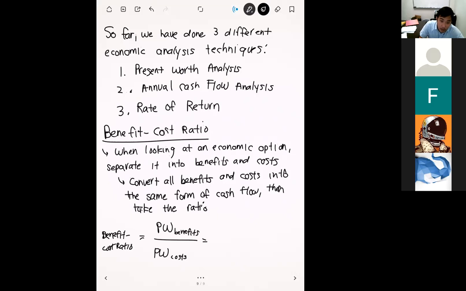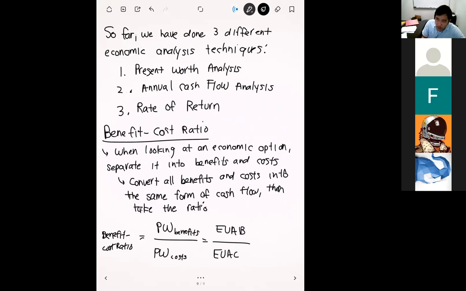Another way you can do it is you can take the EUAB, which stands for equivalent uniform annual benefit, the uniform series representation of all the benefits in your economic option, and then divide it by the EUAC, which stands for the equivalent uniform annual costs, the uniform series representation of all the costs in your economic project.